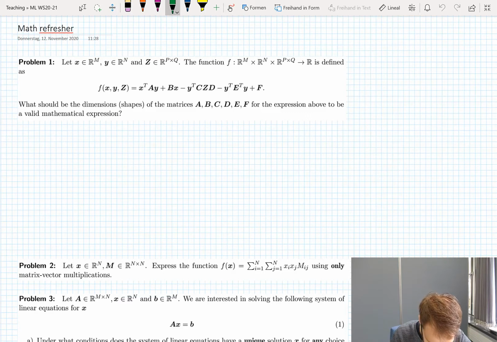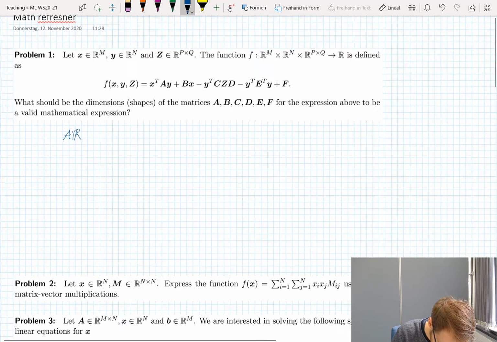So first of all, we look at A. Okay, so A is right multiplied with y. So that means that it has to be n-dimensional on the right-hand side. Right?